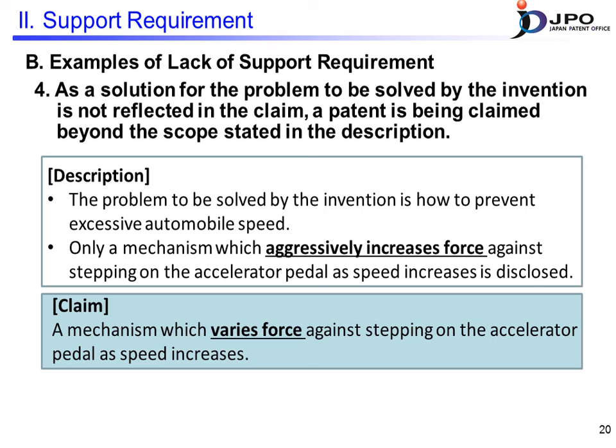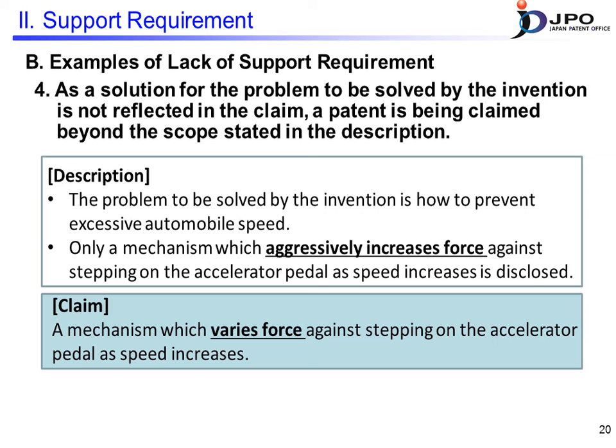The mechanism specified in the claim includes not only the mechanism increasing the force against stepping on the accelerator pedal as speed increases, but also the mechanism decreasing the force against stepping on the accelerator pedal as speed increases.